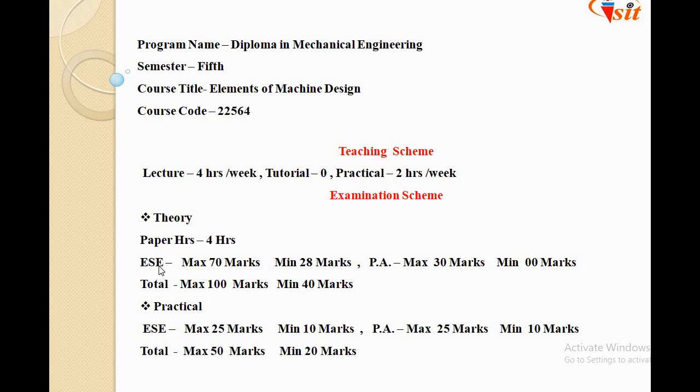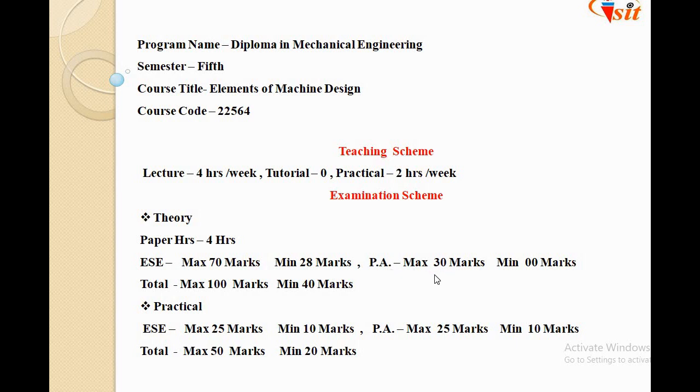Under end semester examination, the student has to appear for a theory paper of 70 marks. The minimum passing criteria is 28 marks. Under progressive assessment criteria, 30 marks are allocated for progressive assessment.